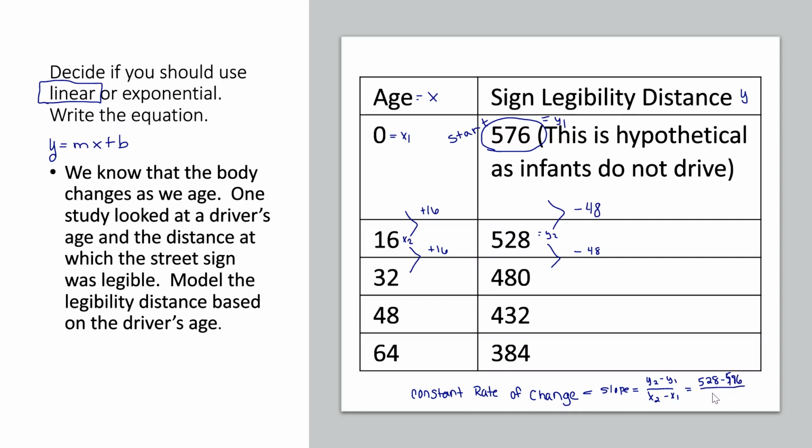And on the bottom, I'm going to take 16 minus 0. And I get negative 48 over 16. And if I divide that out, I get negative 3. So coming back up here, I can fill that in. Y equals negative 3x plus 576.